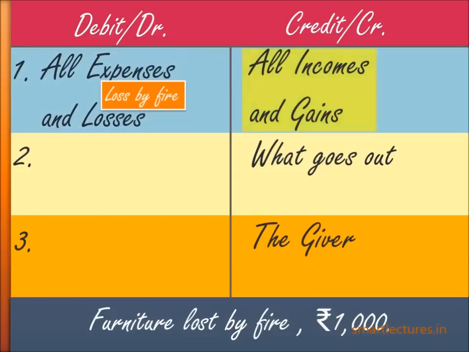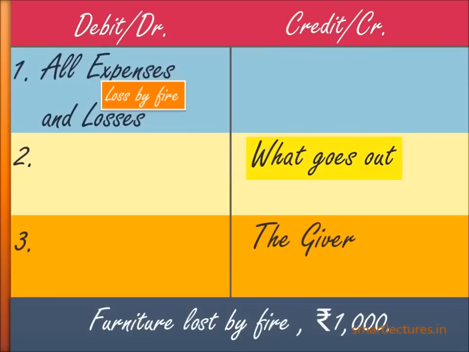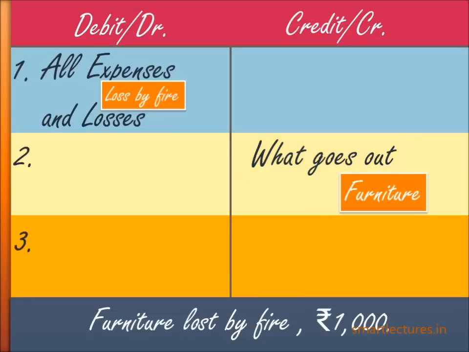Now come to the credit side. Credit any incomes and gains? No income, no gain. Credit what goes out? Anything has gone out? Yes, we have lost furniture worth rupees 1,000. It means we can say our furniture has gone out. It has not gone out, but we have lost it. That's one and the same thing. So you write down furniture.